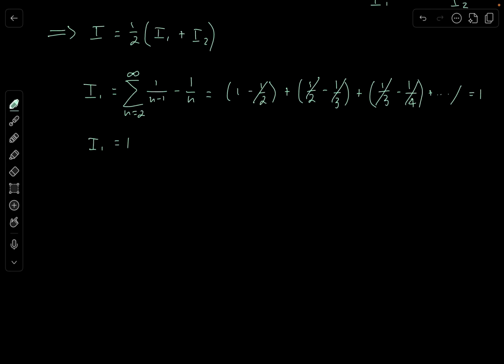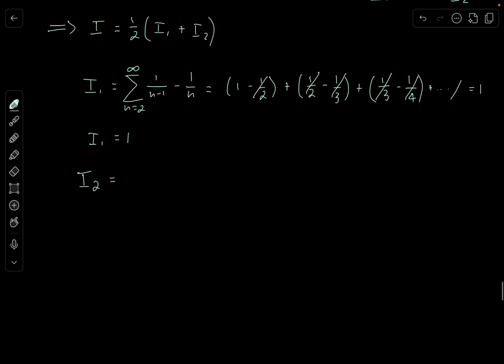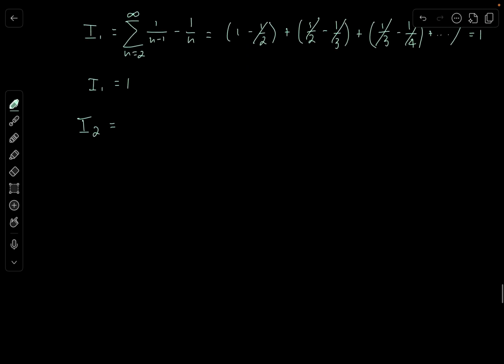And then for I sub 2, we have the sum from n equals 2 to infinity of 1 over n minus 1 squared.